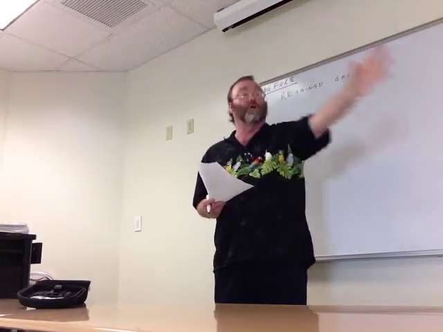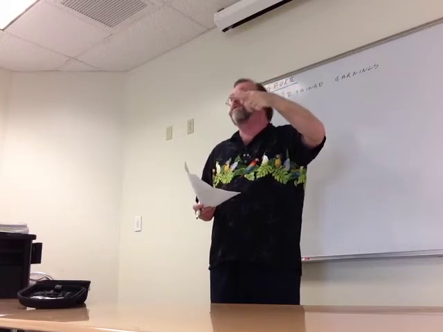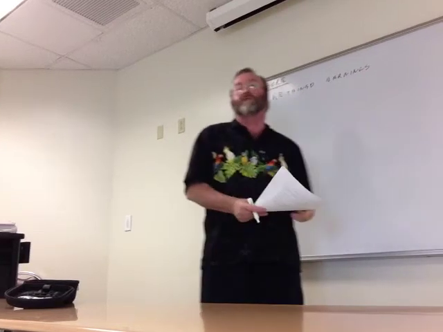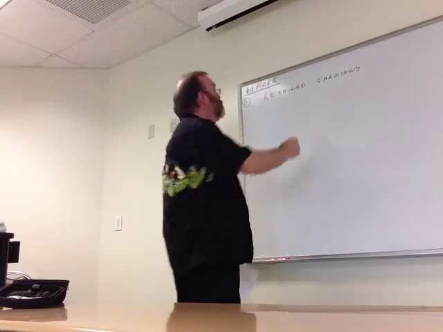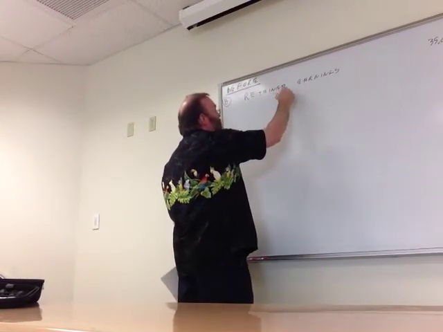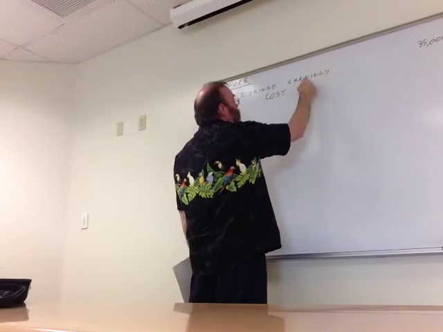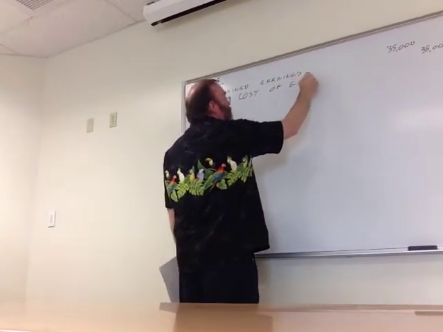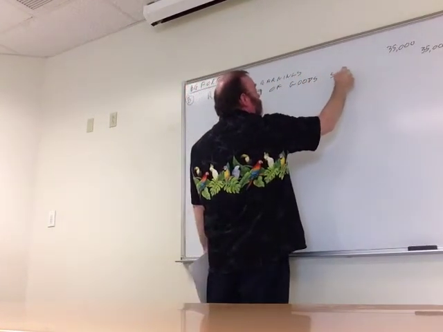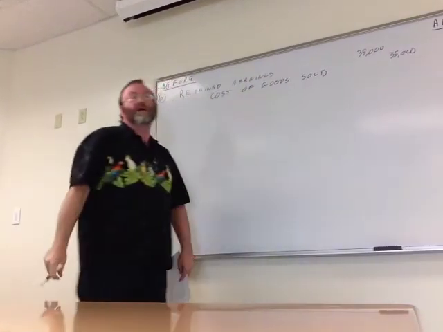You added in your purchases, so your goods available for sale is overstated. So if you had subtracted out the correct amount for ending inventory, you would have understated cost of goods sold. So now you need to take this to cost of goods sold to fix the current year.